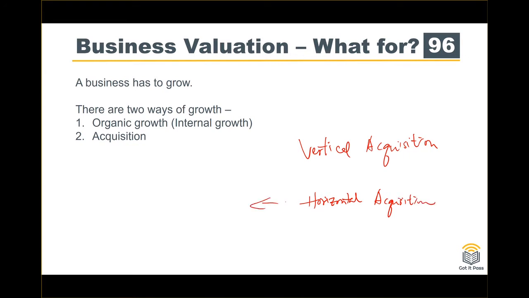What is a vertical acquisition? For example, if you are in the garment industry, you own a factory to produce the clothes, the finished garment products. Then you have vertical integration.